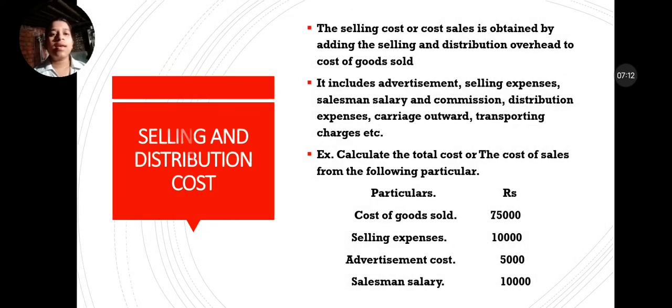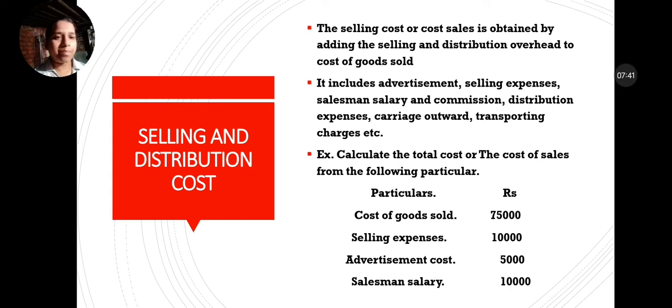So here is the selling and distribution cost. Let's see what selling and distribution cost is. Selling cost or cost of sales is obtained by adding the selling and distribution overhead to cost of goods sold. It includes advertisement, selling expenses, salesman salary and commission, distribution expenses, carriage outward, transporting charges, etc. So how to calculate total cost or the cost of sales?